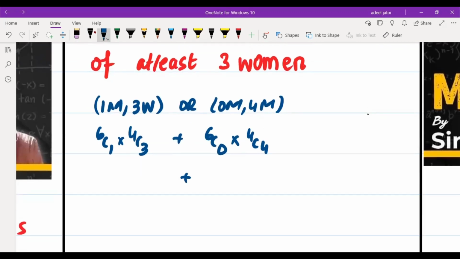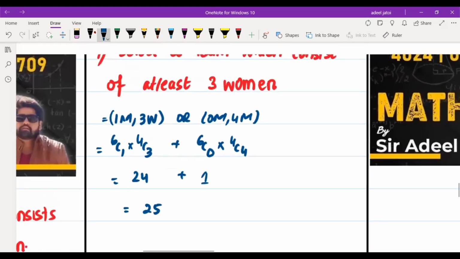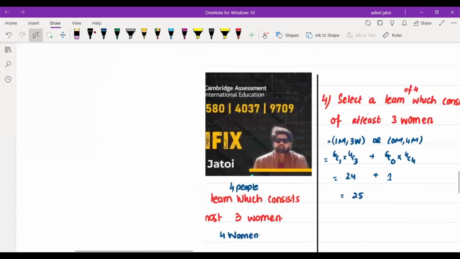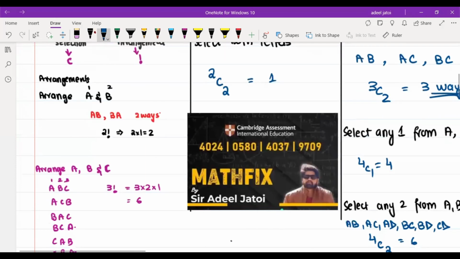So 4C4 is 1, whereas this should be 24. So at least 3 women will be the 3 women or 4 women option. So this will be 25 ways of creating an at least 3 women team. So this was case number 3 and lecture number 3 as well.